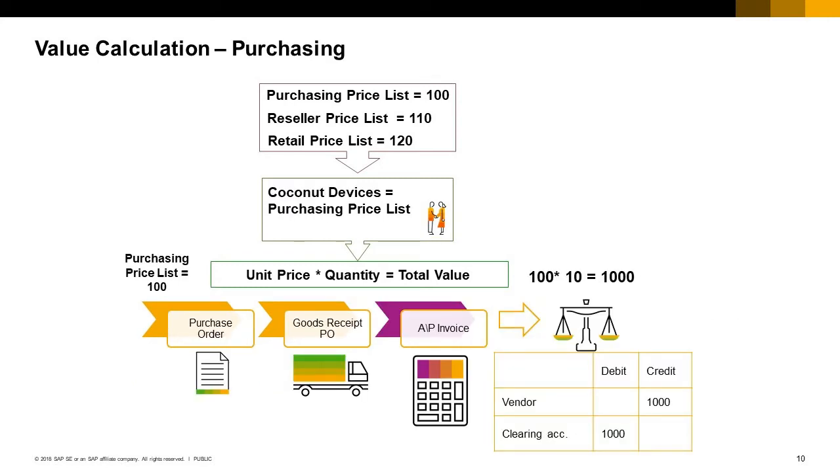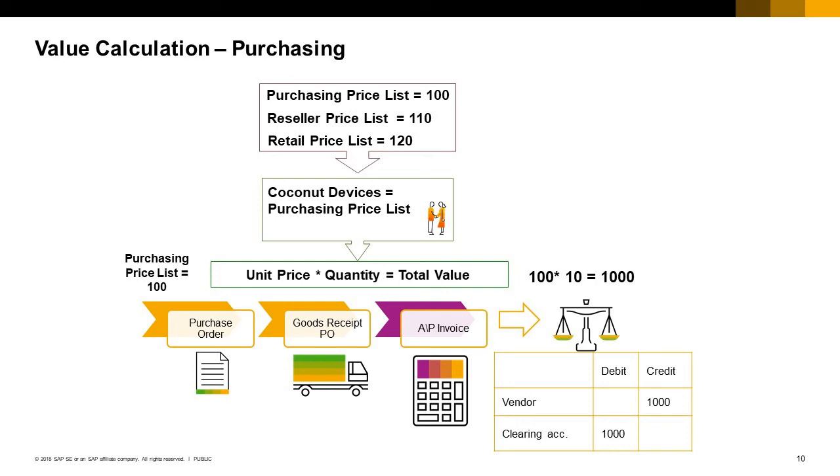In the purchasing process, a common scenario of how prices are set would be: Joe, the warehouse manager, issues a purchase order of 10 portable media players. He chooses the vendor Coconut Devices and then the item, portable media player. The price per unit appears in the purchase order. How? Since Coconut Devices is a vendor, his default price list as defined in his master data record is the purchasing price list.